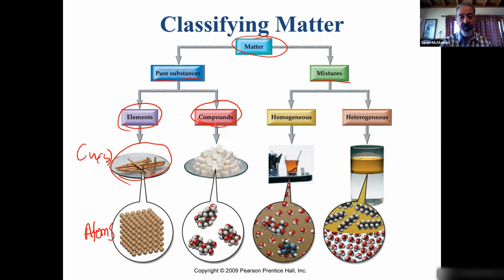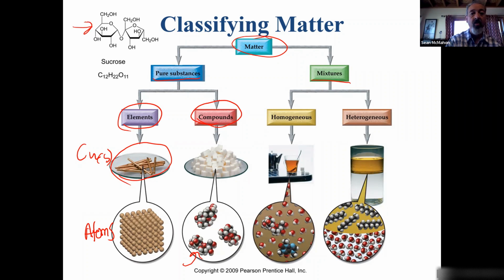Now, I like showing this because this also shows kind of a molecular model of what sucrose looks like. But a lot of times when you get to organic chemistry or biology, you'll see line formulas, right? With the line formulas, every corner is representing a carbon, and there's hydrogens, but you'll see this structure.